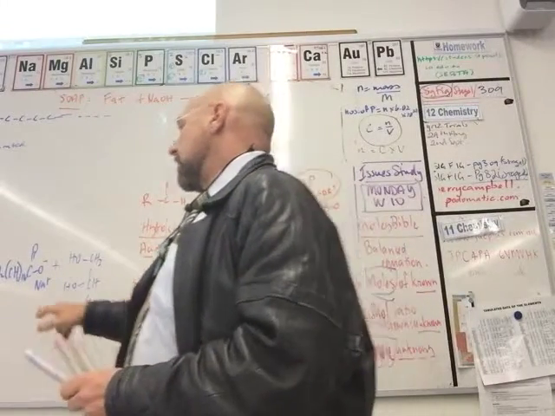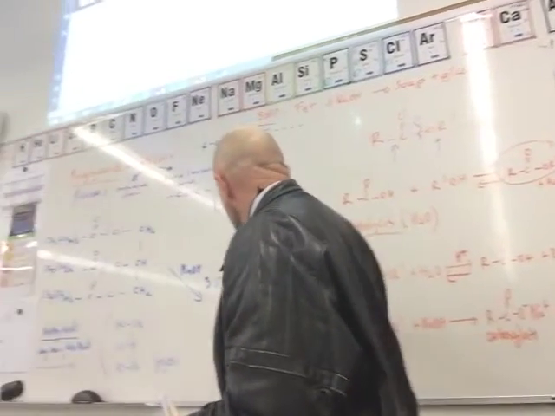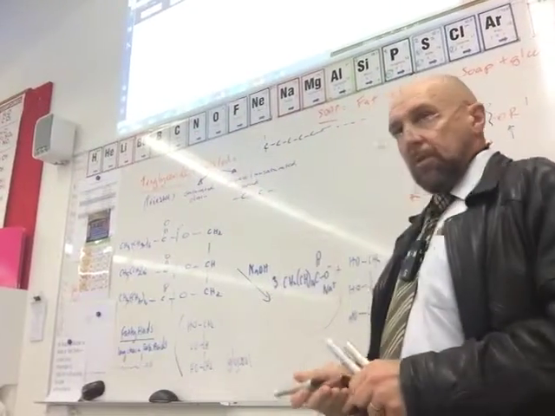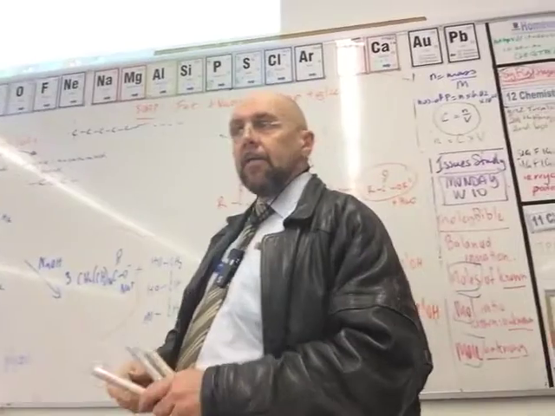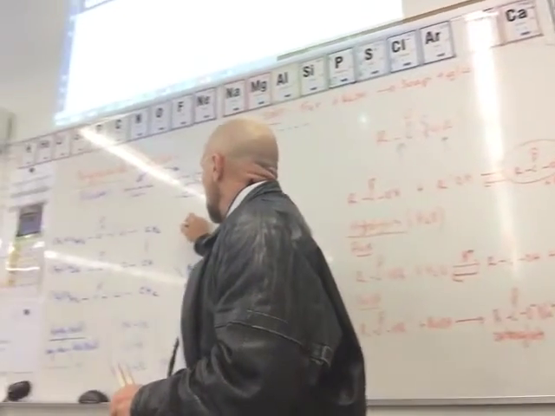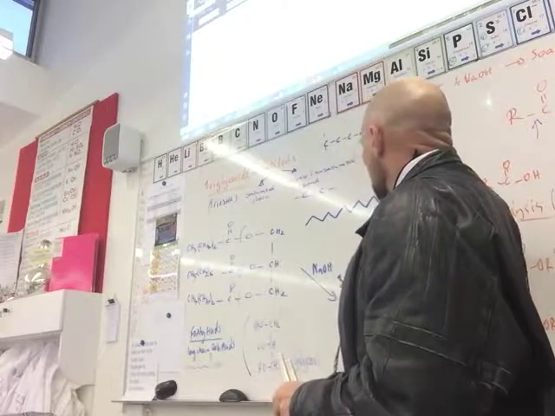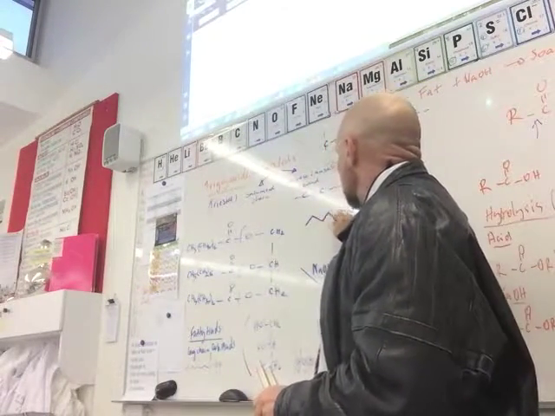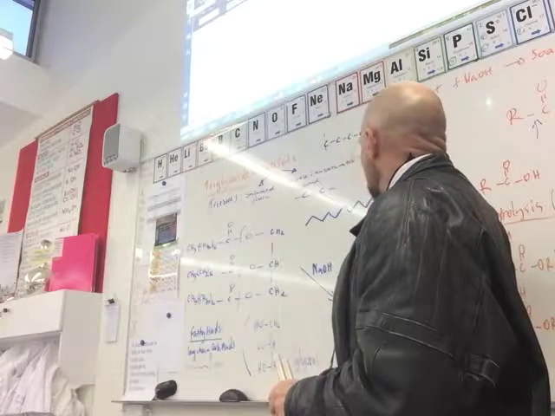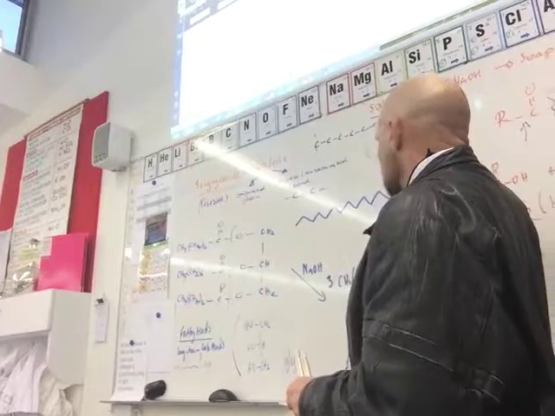So, this is my structure for soap. This compound here is the soap. Now, we won't go into today how the soap works, but from year 11, it is a long carbon chain. 1, 2, 3, 4, 5, 6, 7, 8, 9, 10, 11, 12, 13, 14, 15, 16.